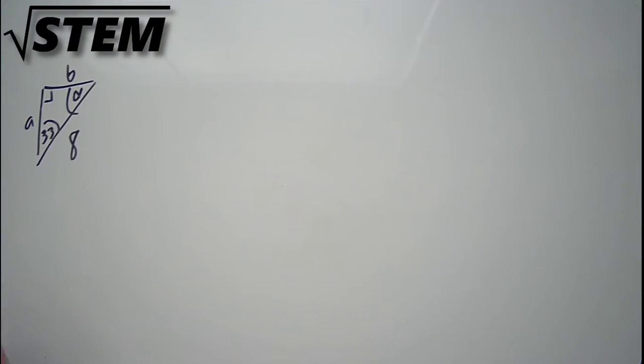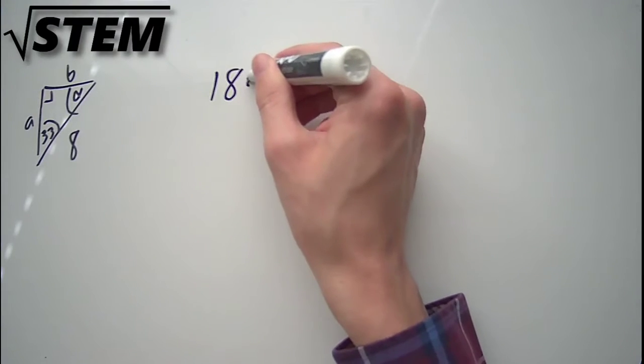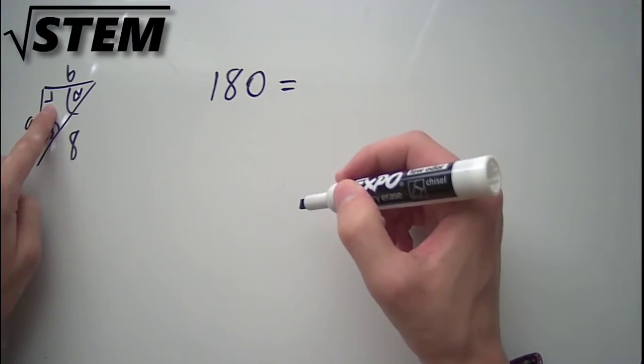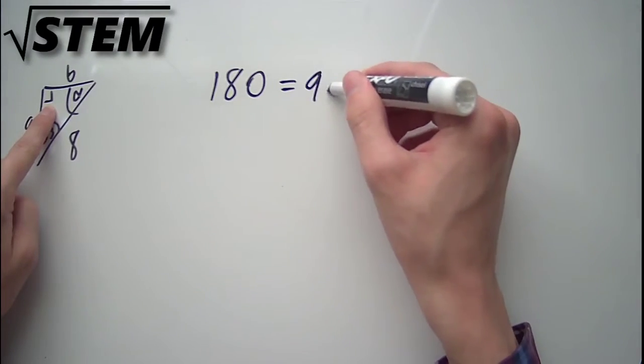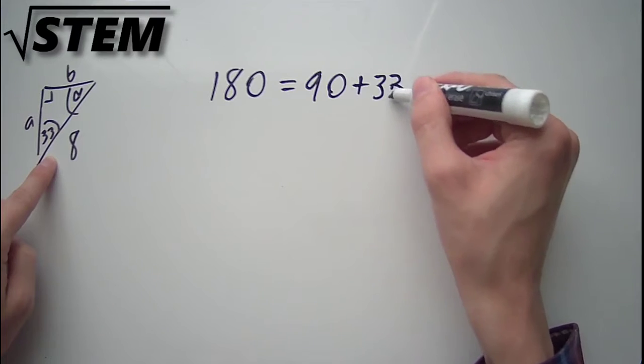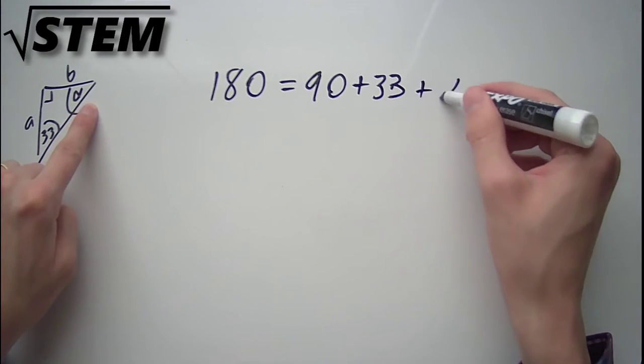So if we want to solve for both sides of this triangle and the missing angle, let's start with the missing angle because we can get it really fast. Now remember, the sum of all the angles in a triangle is equal to 180. That means 180 equals the 90 degrees from this right angle plus 33 degrees from this given angle plus alpha.